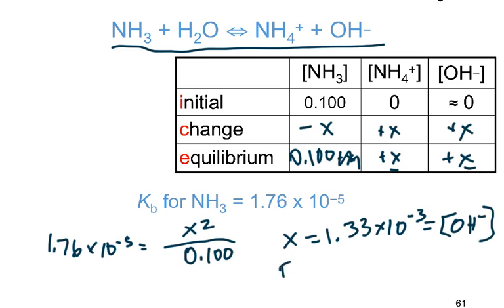So then we can find our pOH from that. If we take the negative log of that, we get a pOH of 2.88, which means our pH is 14 minus that, which is 11.12.